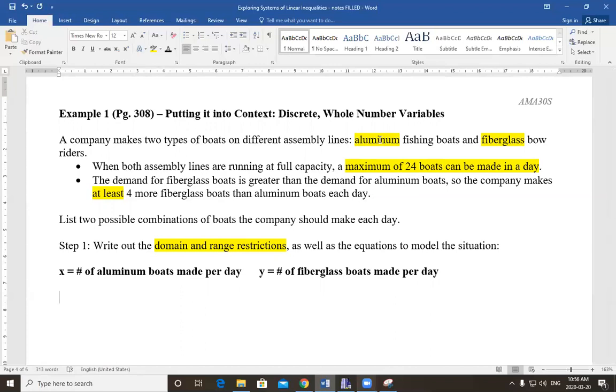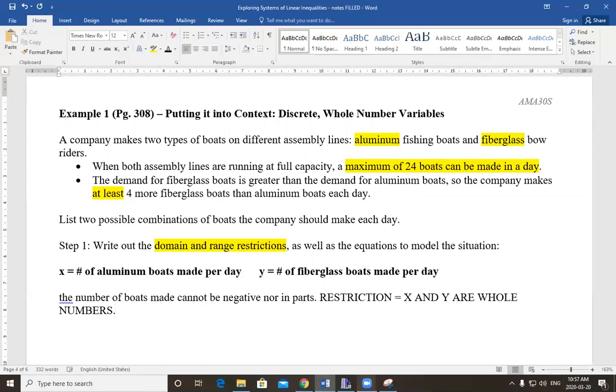So we're going to assume that the number of boats made cannot be negative, nor in parts. So our restriction then would be X and Y are whole numbers.